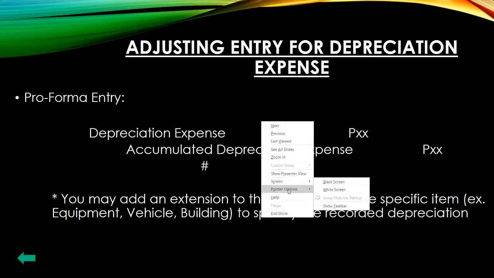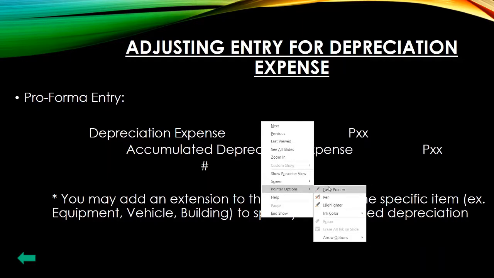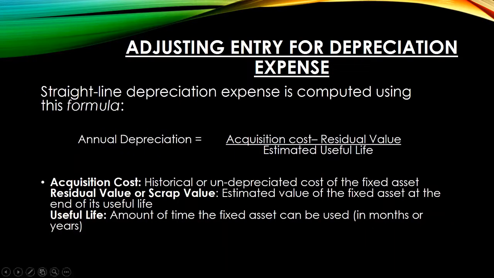So as I've mentioned earlier, there were different ways on how to estimate the depreciation expense. But we'll be discussing the most common and the simplest method of depreciating an asset. So the formula for estimating the depreciation expense, of course, is what we refer to as the straight line method.